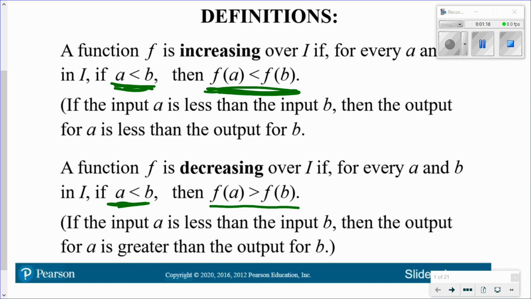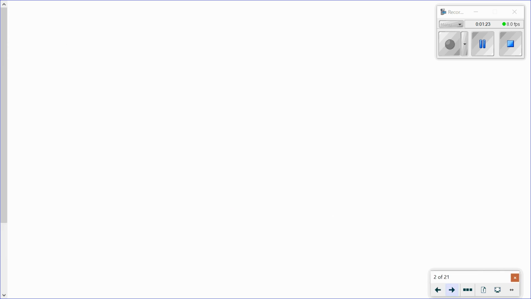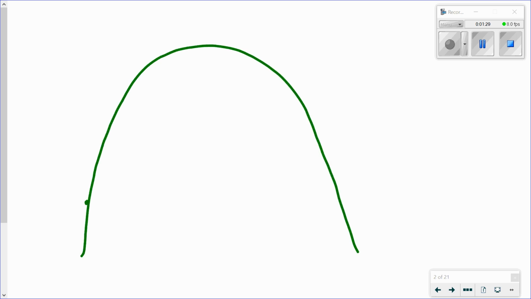Okay, so let's look at the graph real quick. So let's say I have this graph. Okay, over here, if we drew in tangent lines, we would say that the slope of that tangent line, it's pretty steep, but it's a positive number, whatever it is.